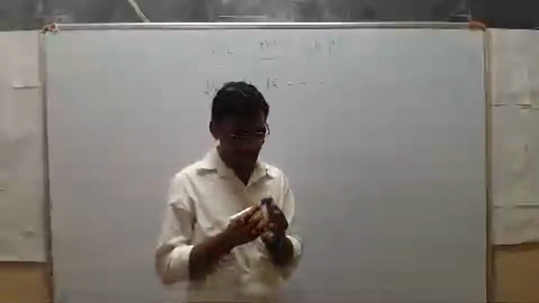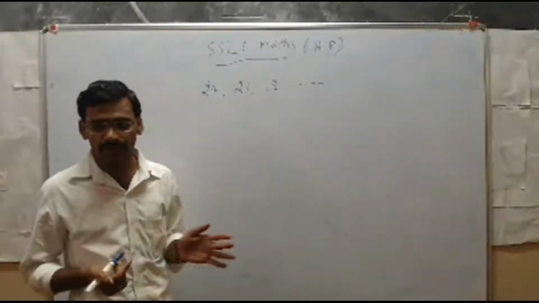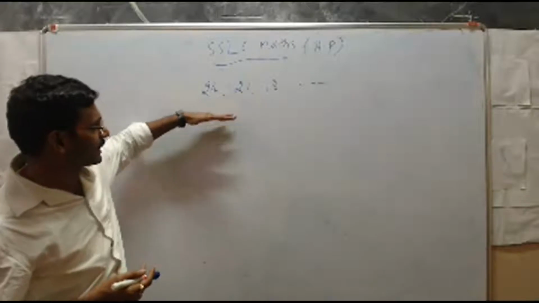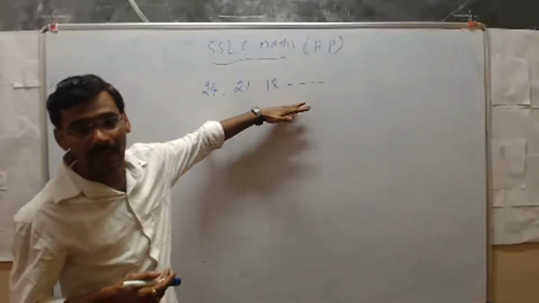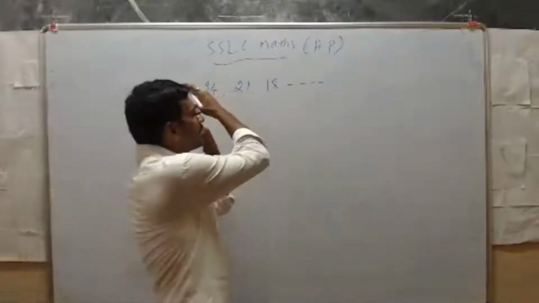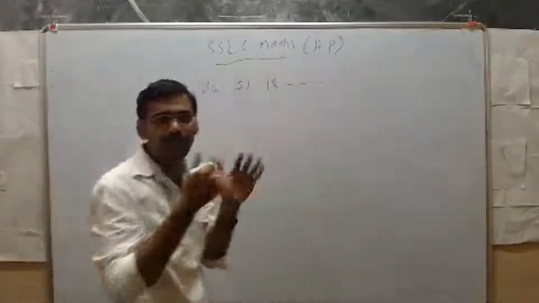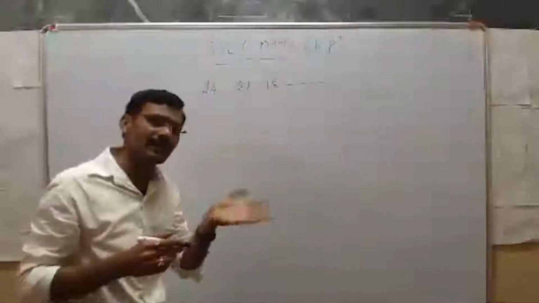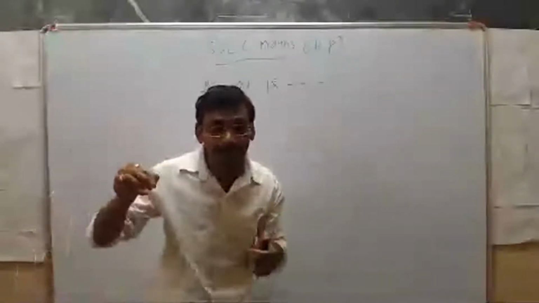Here the first term is 24, second term is 21, third term is 18, and the sum is how much? The sum is 78, the sum of the terms of this AP.